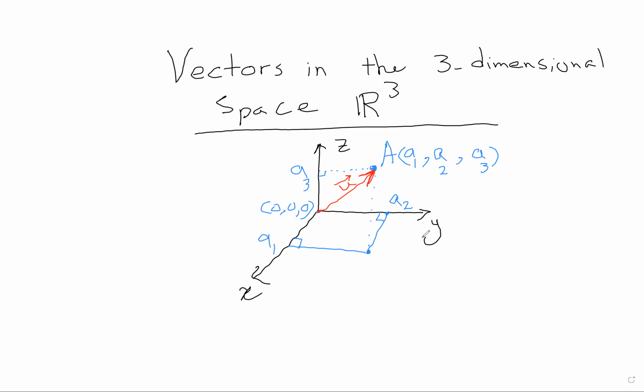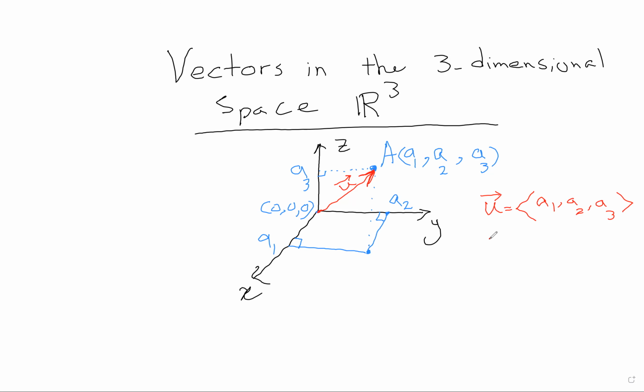So vector U, its initial point is the origin, 0, 0, 0, and its terminal point is A1, A2, A3. The way that I show that is very similar to the two-dimensional case. Instead of parentheses, I use this notation. So it's going to be A1, A2, and A3.